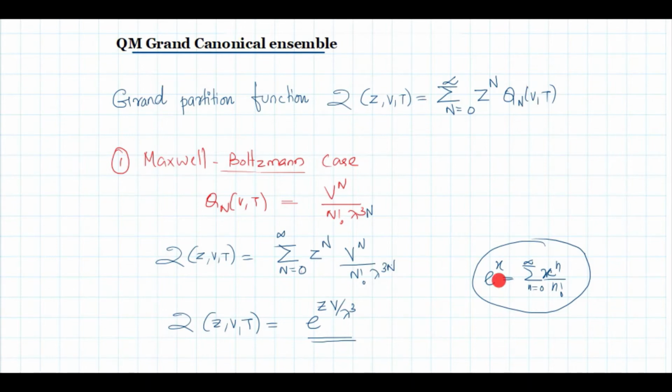We know that e raised to x is equal to the sum over n equal to 0 to infinity of x raised to n by n factorial. This is the definition of e raised to x. So using that definition, we can write this as the sum of zV divided by lambda cube, whole raised to n, by n factorial. So the grand partition function for a classical system is e raised to zV divided by lambda cube.